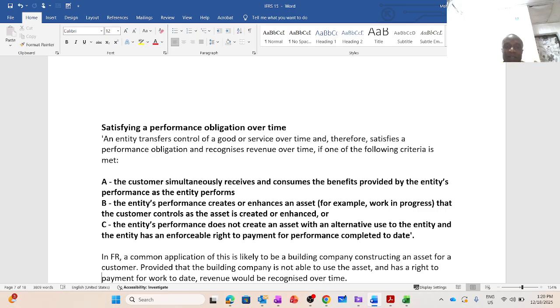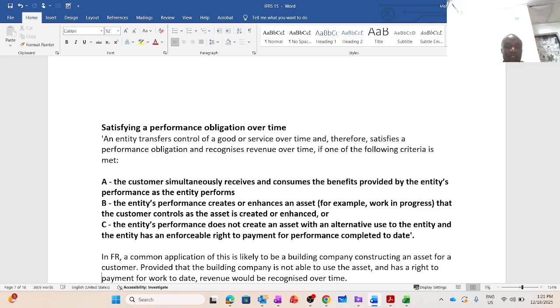The entity's performance creates or enhances an asset, for example work in progress, that the customer controls as the asset is created or enhanced. So if the building is supposed to take 5 years, and on an annual basis the customer has control over the asset and can direct its utilization, then we can recognize revenue over time. The final condition: the entity's performance does not create an asset with an alternative use to the entity, and the entity has an enforceable right to payment for performance completed to date.